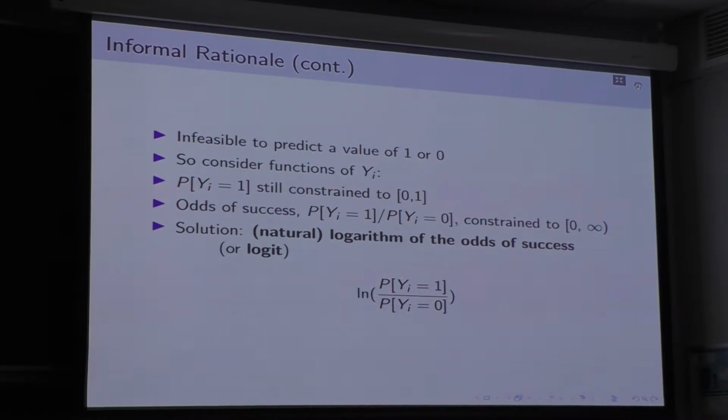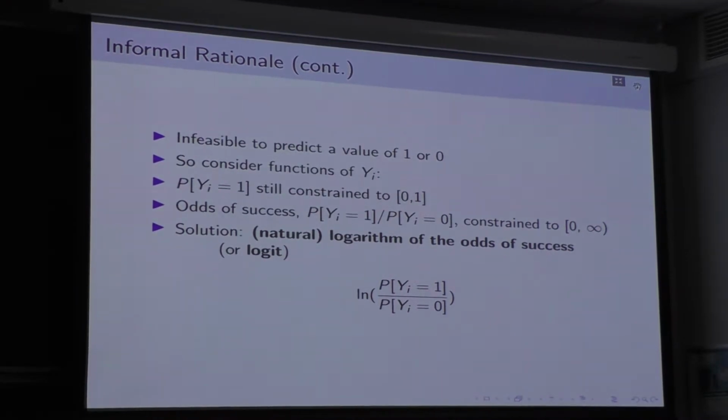So if we look at the log of the odds of success, which is given the special name the logit, that is an unconstrained function. So we don't have to do anything special in our choice of the betas to make sure that, when we put them back into our weighted linear combination, they're going to give us suitable values for predicting success or failure.